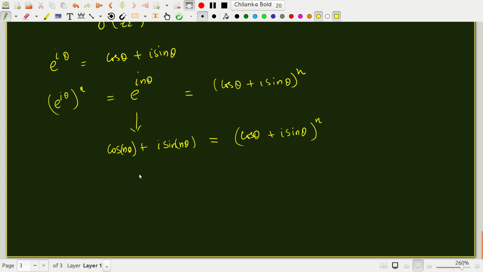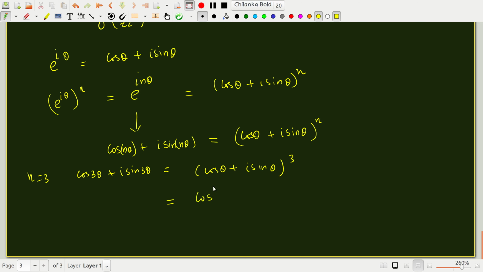So if you were to put n equal to 3, then you will say cos 3 theta plus i sin 3 theta is (cos theta plus i sin theta) whole cube, and then you can expand this.